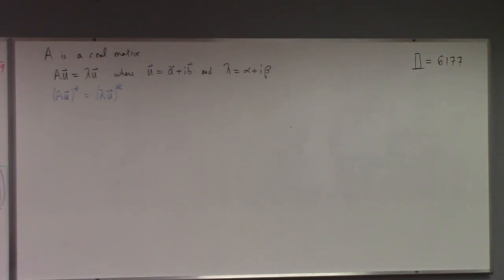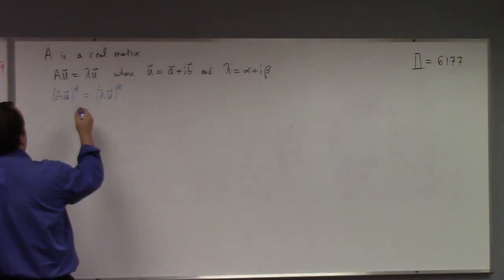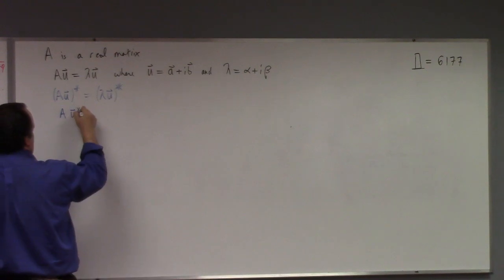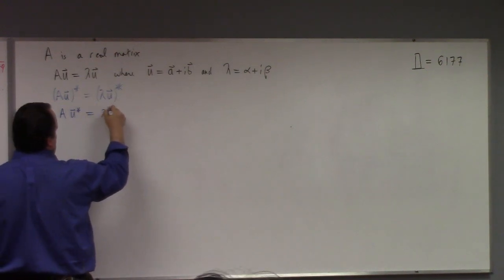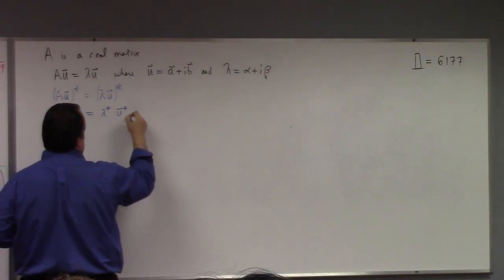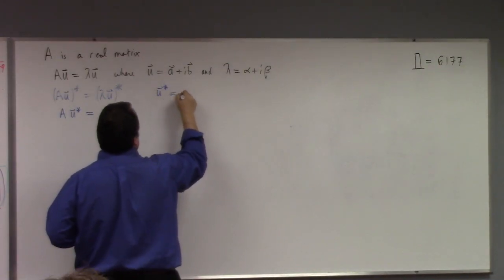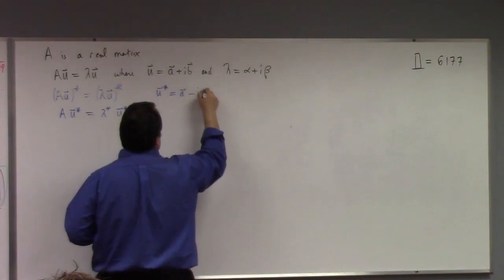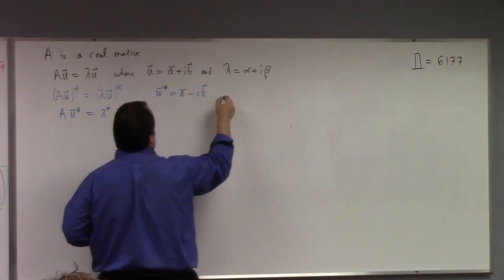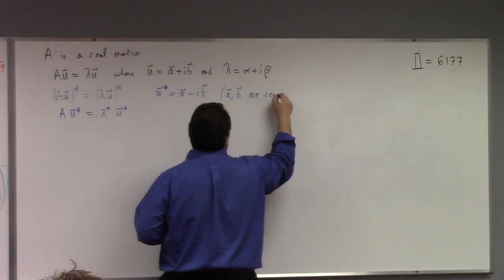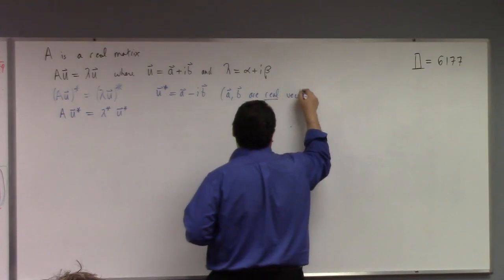It depends on which book I'm looking at. So I get A times u conjugate is equal to lambda conjugate times u conjugate. Now the complex conjugate of u is a minus ib. Here I'm assuming that a and b are real vectors, okay?